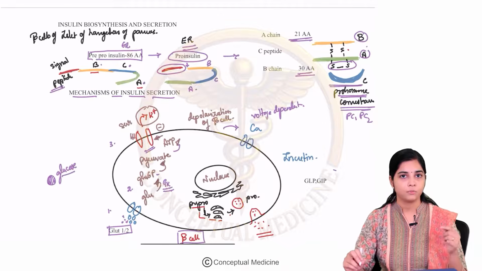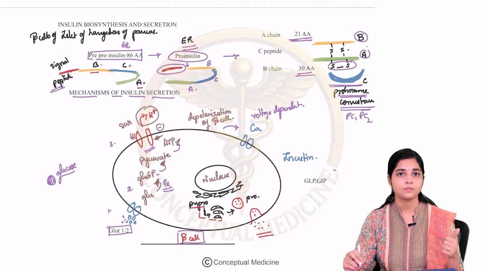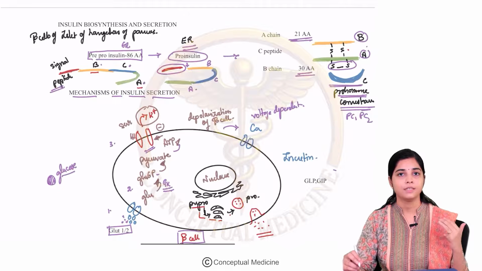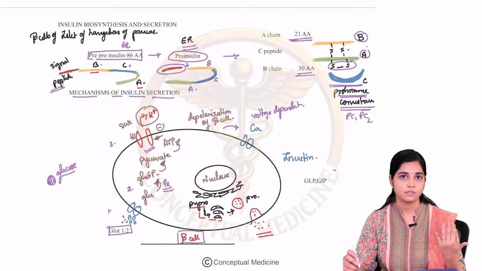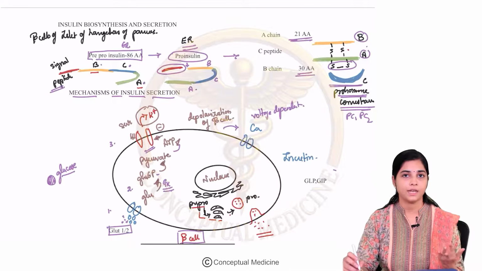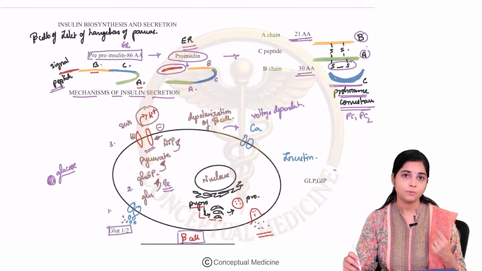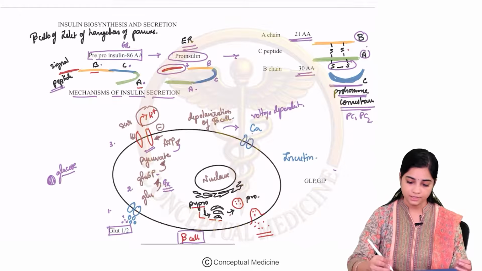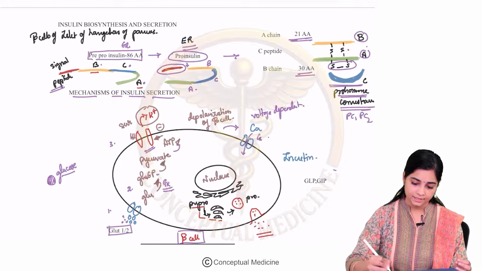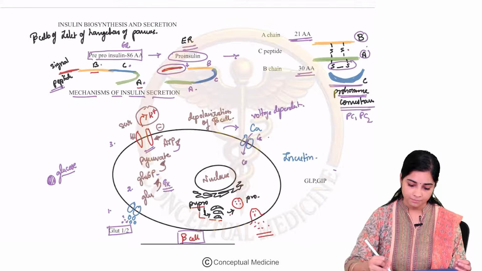Okay. So once ATP binds to your potassium channel, it causes depolarization of the beta cell membrane, then it causes stimulation of your voltage dependent calcium channel. Now once the voltage dependent calcium channel is stimulated, the calcium ions enter and they act via your cAMP pathway.